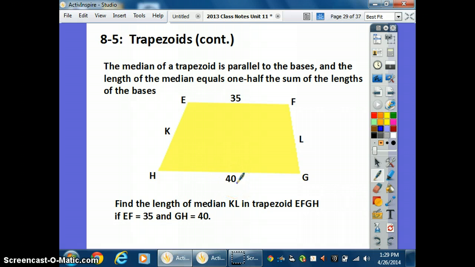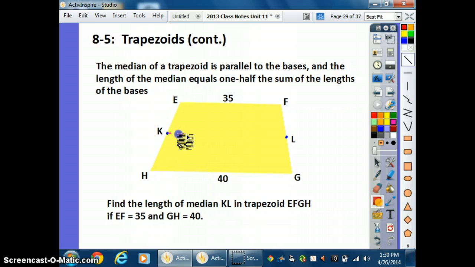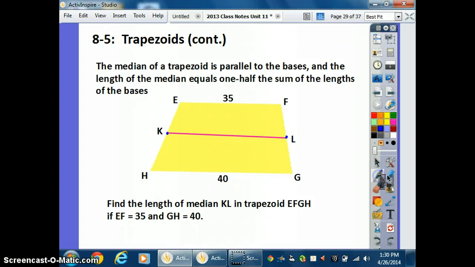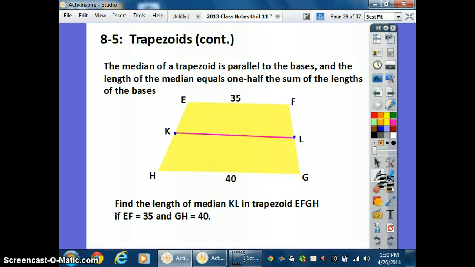Now, the median will go from the midpoint of this leg to the midpoint of this leg. I'll draw it in. And it is equal to 1/2 of the sum of 35 and 40. And we'll fill that out.